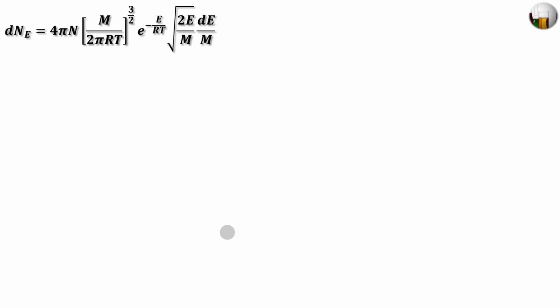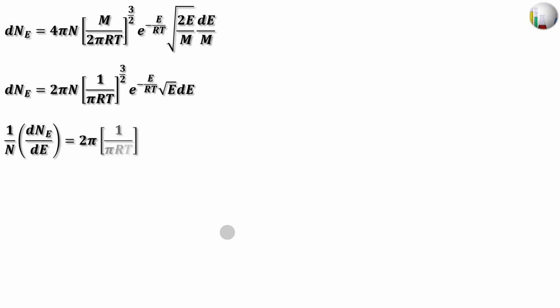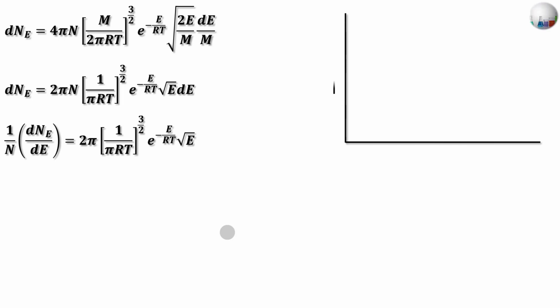And so similarly, you can bring the N down and the dE down, just like you did in the graph for number of molecules. And if you were to plot the curve with E being the x-axis and 1 by N dN by dE on the y-axis, what does this represent?